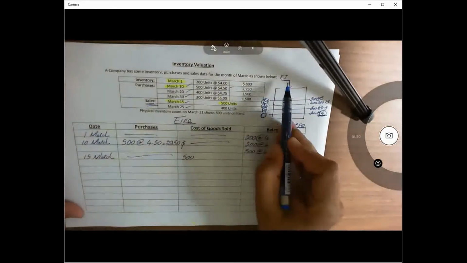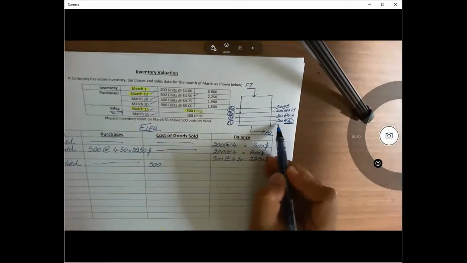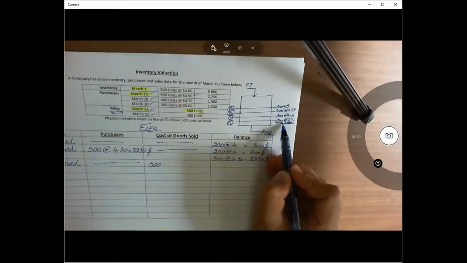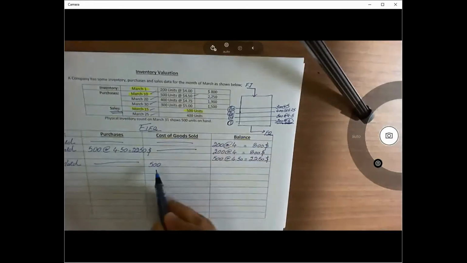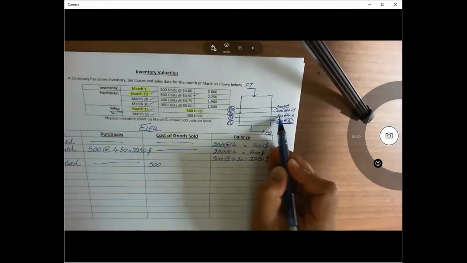According to the first in, first out method, we need to sell these 200 units first. Total units which we want to sell is 500. So we need to sell 200 units first. Then after selling these units, we need to take 300 from these 500 units.